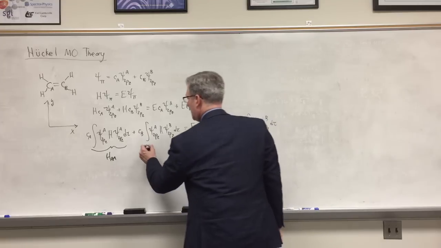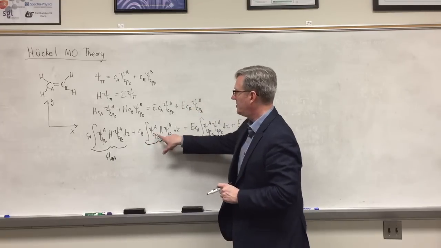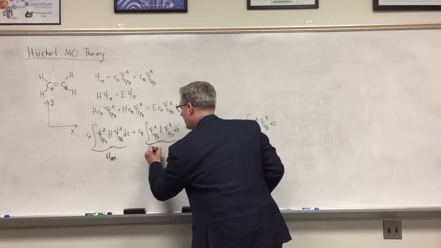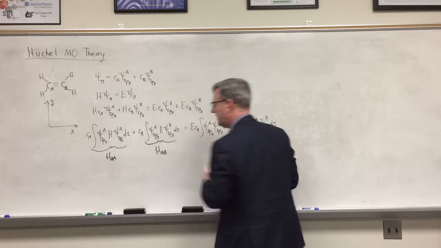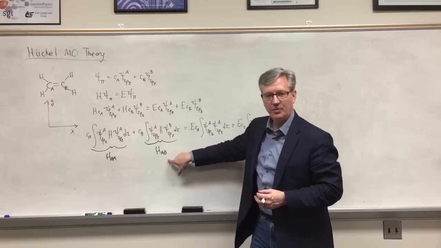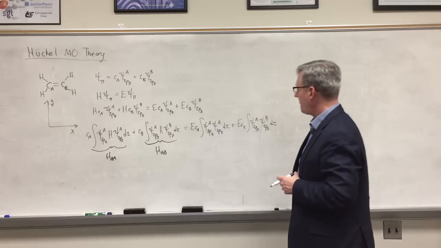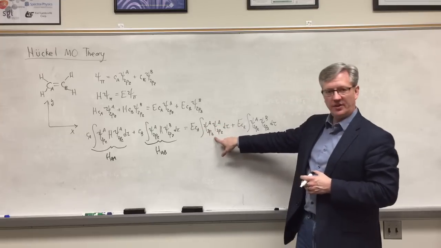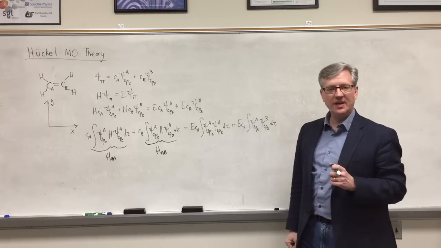If these were both centered on carbon atom B, this would be H sub B. Here's another one with the Hamiltonian sandwiched between two functions. This one's centered on A, this one's centered on B. I'm going to call that HAB. If the A and B were reversed, then B and A will be reversed here in my notation. Energy and coefficients stay the same. This one doesn't have the Hamiltonian in it, but it still gets a label.